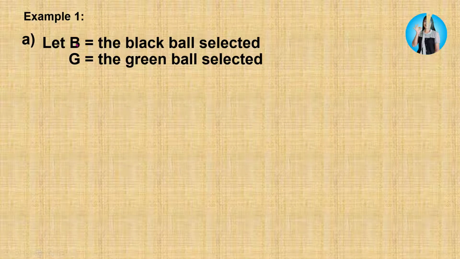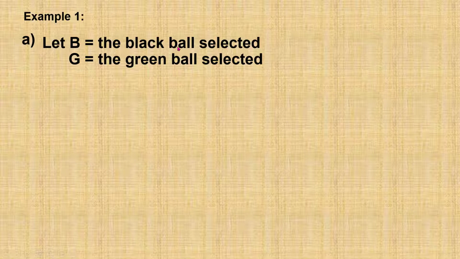First, I'm going to use a B to represent the black ball selected, a G to represent the green ball selected. Since x represents the number of draws, x must start from 1, which means that the first draw we got the black ball and stopped.